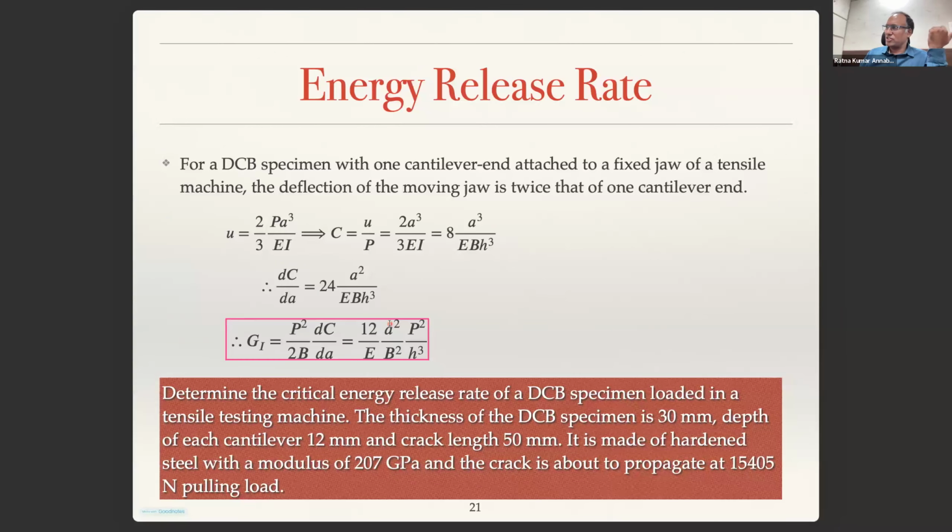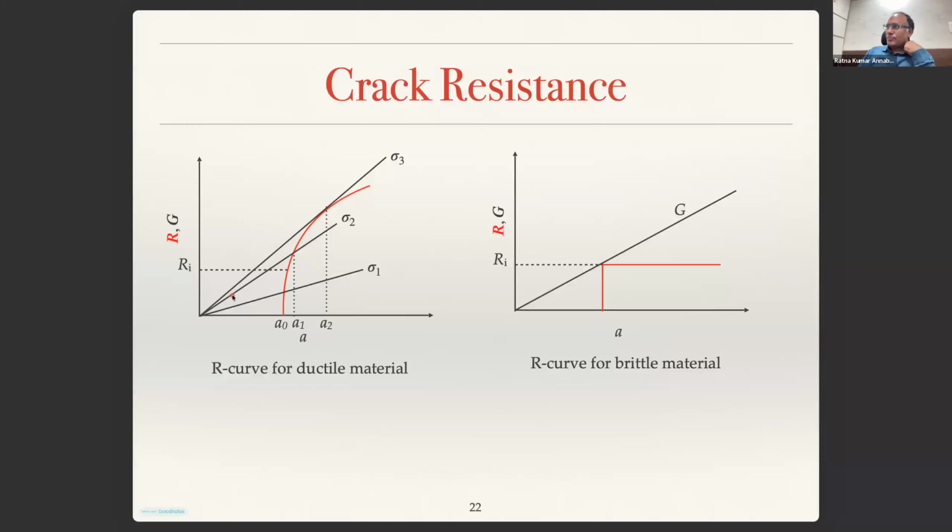Sometimes it could be a linear function. So the point is, if you are calculating the energy release rate for a given sigma, it varies as a function of crack length. And now this red curve, I'm reiterating what we have done in the last class.